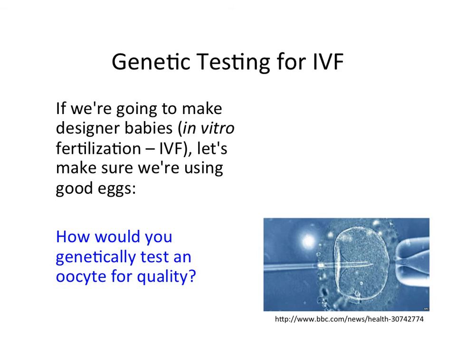So how do you figure out which oocyte you want to actually use in vitro fertilization if you can't actually analyze the oocytes? It's all about the polar bodies, those other meiotic products that don't become the oocyte.